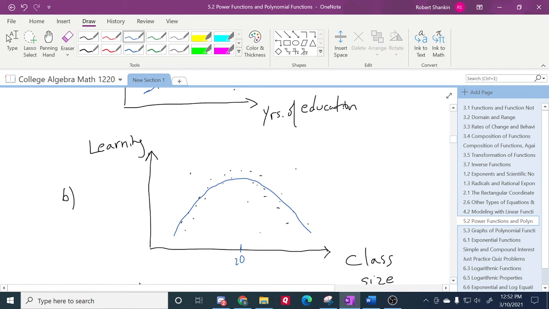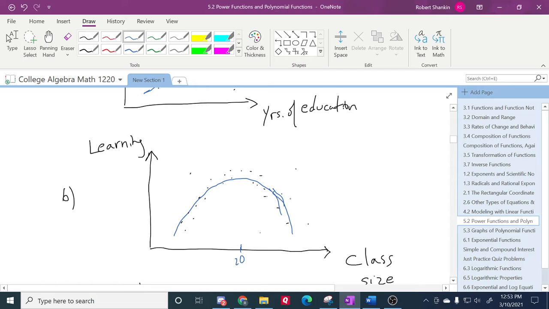Now, parabolas are symmetric, so let me fix this one a little bit. You couldn't make it follow the data quite so closely there. So you would have to arch down kind of like it was doing over here on this side.